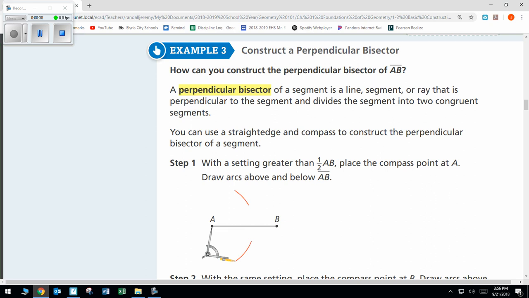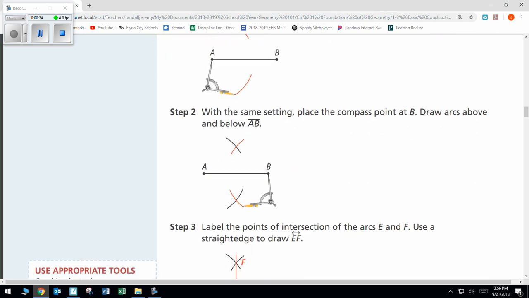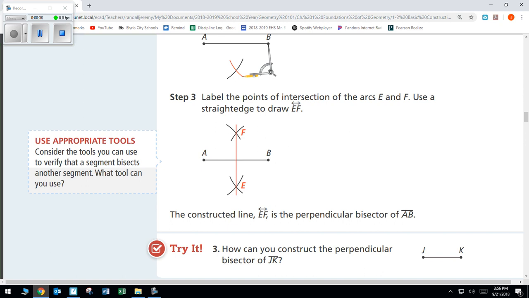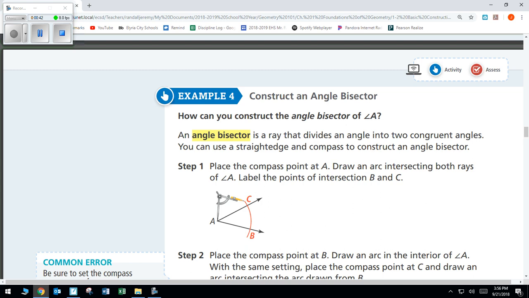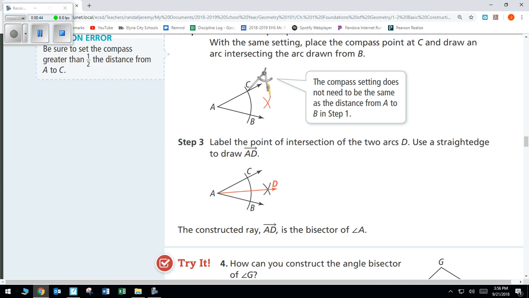We're going to look at a perpendicular bisector, which cuts a line segment perfectly in half. And we're also going to be looking at an angle bisector, which is a line that cuts an angle perfectly in half.